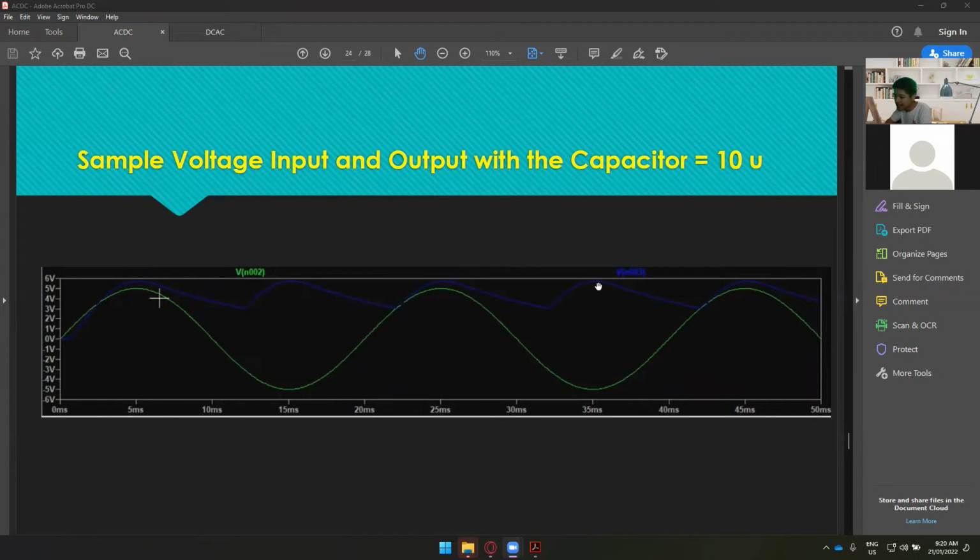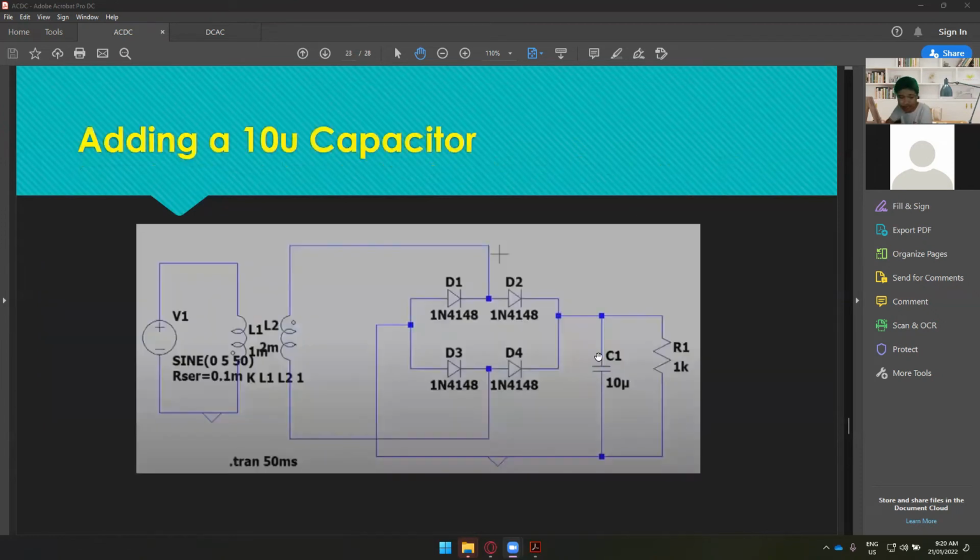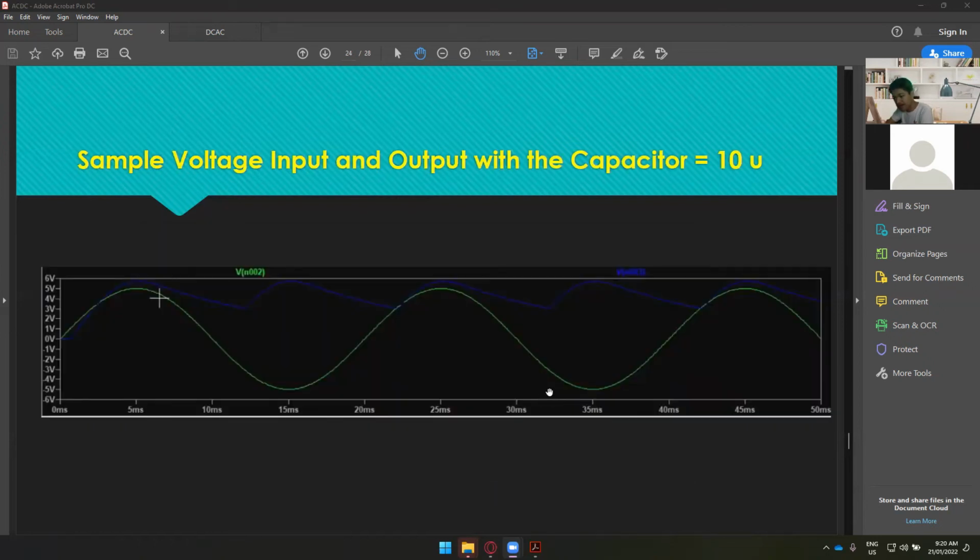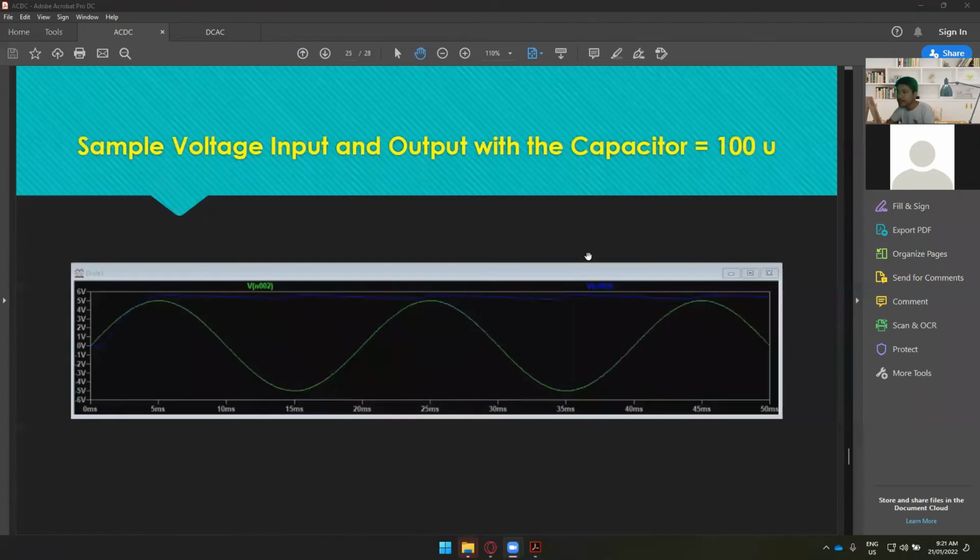We could say that the capacitor is like a smoother, to make a more pure DC output. If we change the value of the capacitor into 100 microfarad, then we can have an output of, let's say, 6 to 5.5, 6 to 5.5. So it's now almost a straight line, which is already considered a pure DC output.